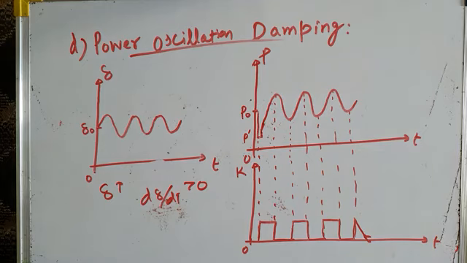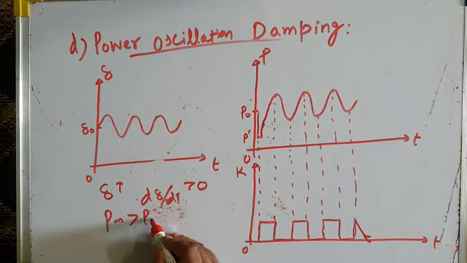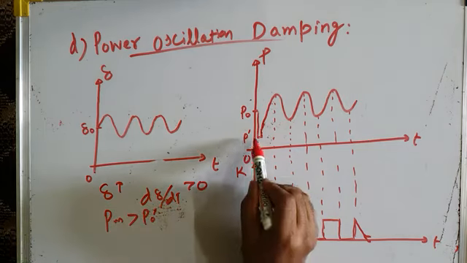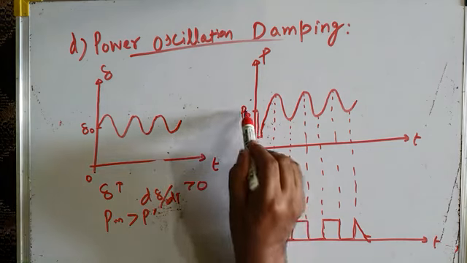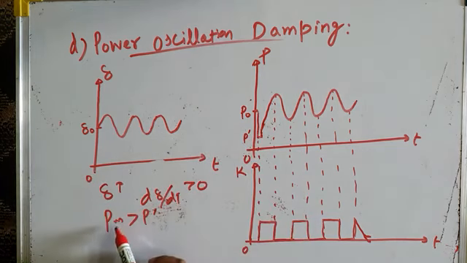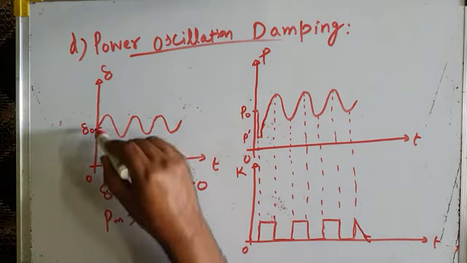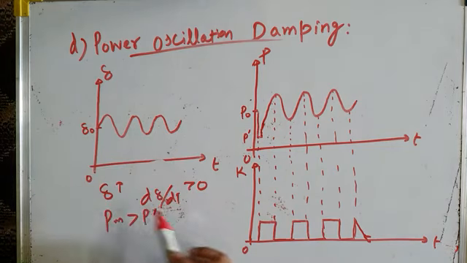The question is, when does delta increase? When mechanical input power is greater than electrical output power. Because the electrical output power is P dash, which is less than the steady state value, and mechanical input power is in excess. It is more than electrical output power. That causes acceleration of the machine. Delta increases, d delta by dt becomes greater than 0.